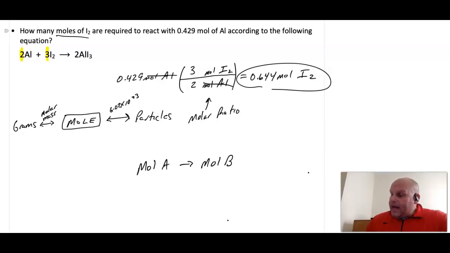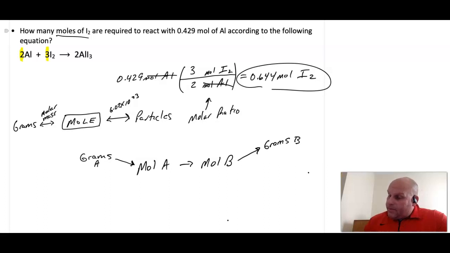So that means I can convert from grams or mass, I should clarify, of substance A to moles of A, then use my molar ratio to convert to moles of B, and then I can convert back out to grams or mass of B.